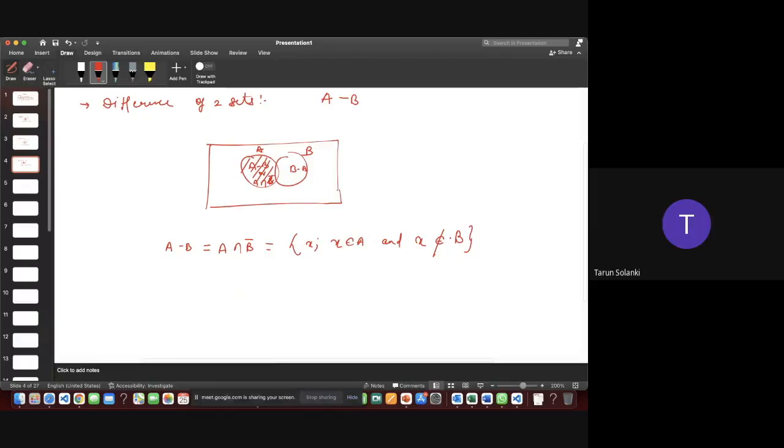Okay. So in this chapter, symbols play a very important role. You need to remember. Okay. This question will be asked in this format only. They will not give the proper language.